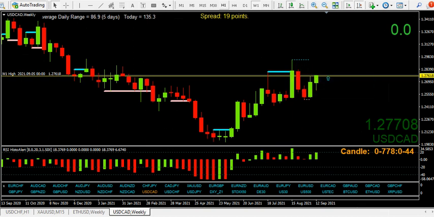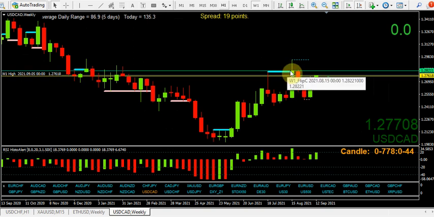Oh, don't know what's going on with my charts today. There. So that would suggest that this has got room above, which would then also correspond or correlate with the cable analysis.